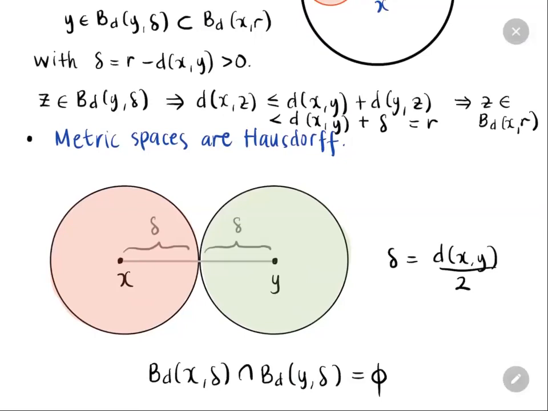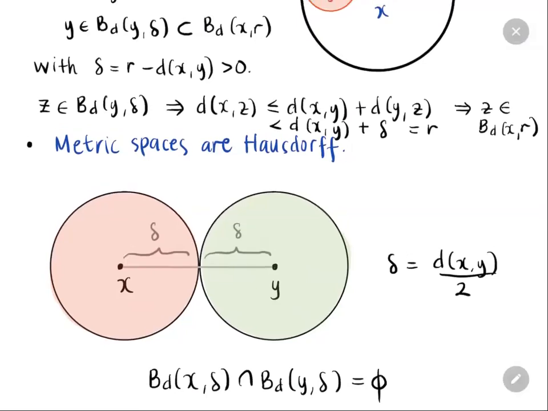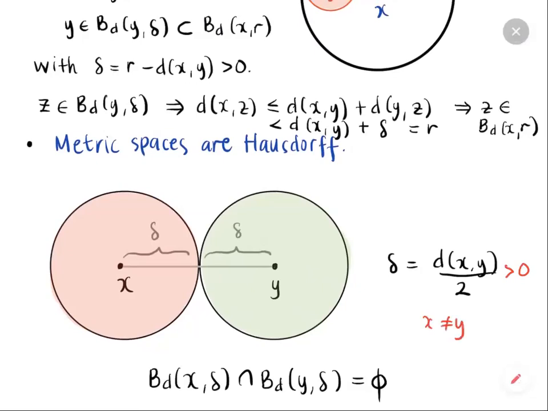Well, to prove that a metric space is a Hausdorff space, pick two distinct points, x and y, then choose delta as half of the distance. We know that this delta is positive because x and y are distinct, according to the definiteness of the metric.